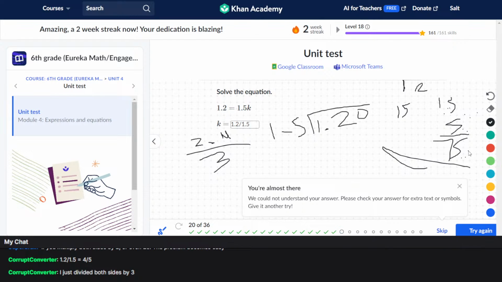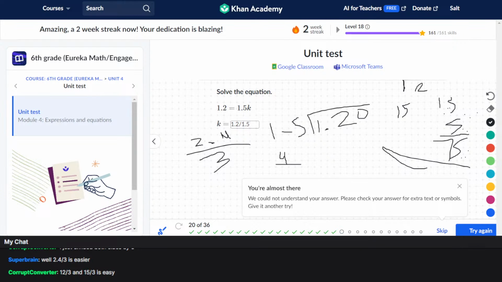Oh, that's interesting. Oh, dividing multiplies by 3. That's interesting. 4 by 6. Oh, yeah, you can do that because the... 2.4 over 3 is easier?